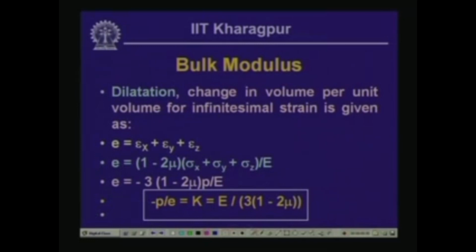If you look into that, these are the expressions we have derived right now: e is equal to epsilon x plus epsilon y plus epsilon z, and e is consequently (1 minus twice mu) times (sigma x plus sigma y plus sigma z) by E, and e is equal to minus 3 times (1 minus 2 mu) p by E when the element is subjected to the state of hydrostatic pressure, that is, in all directions it is subjected to p.